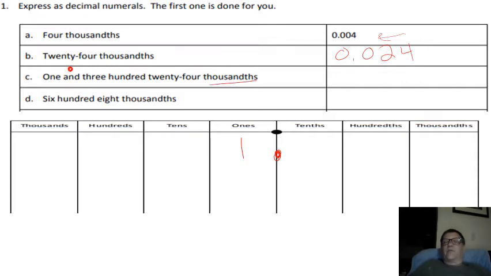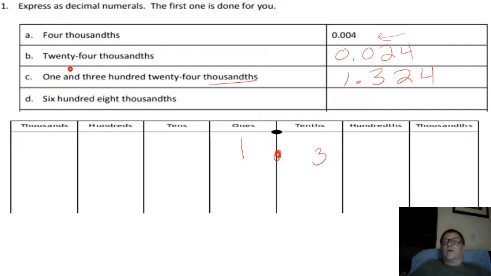So once again, I could put 324 right here. But then my 2 would have to go to here, and my 3 would have to go to here, because we cannot maintain them all in one place value. So now we have 1 and 324 thousandths.